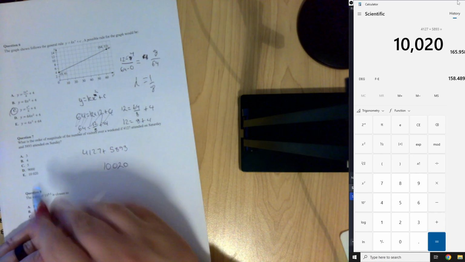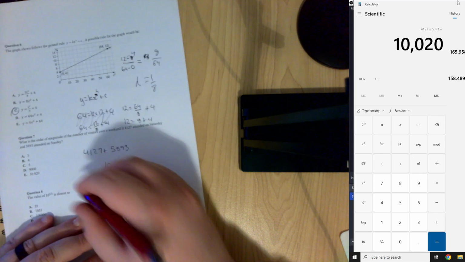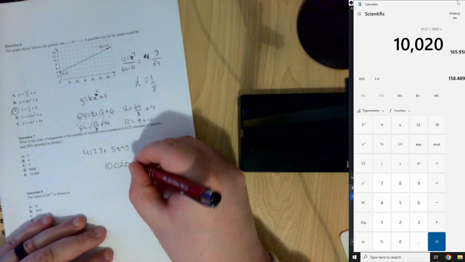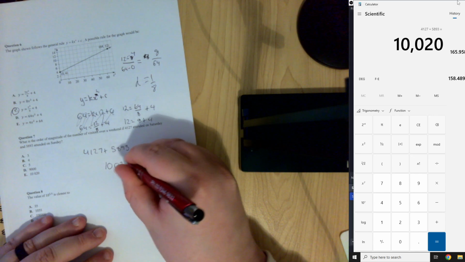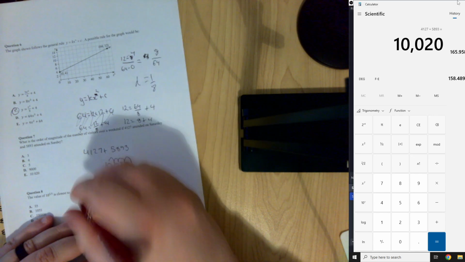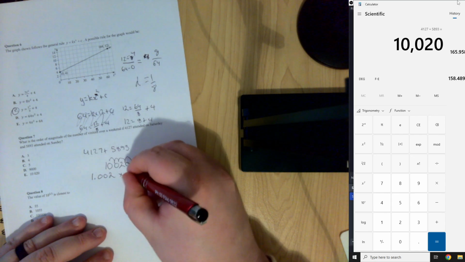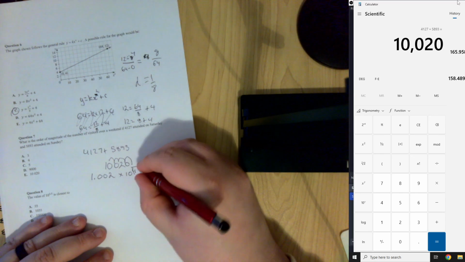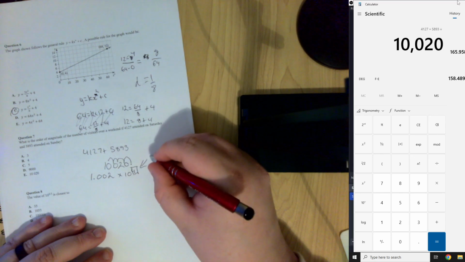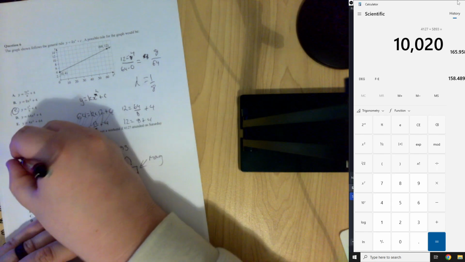So to find order of magnitude, I just got to turn this into scientific notation, which means I'm taking a decimal point from here, going back 1, 2, 3, 4 spots. That's 1.002 times 10 to the power of 4. Therefore, the order of magnitude is 4.